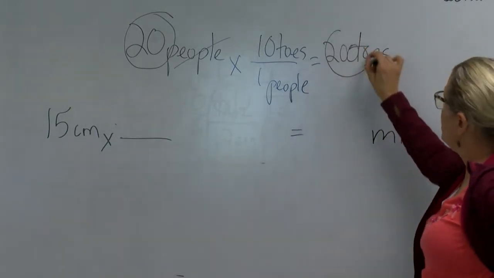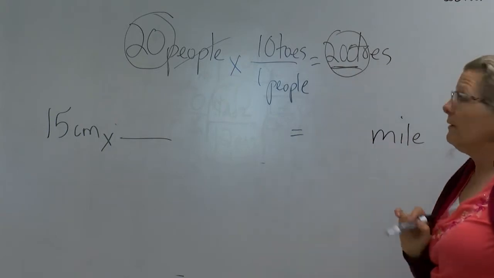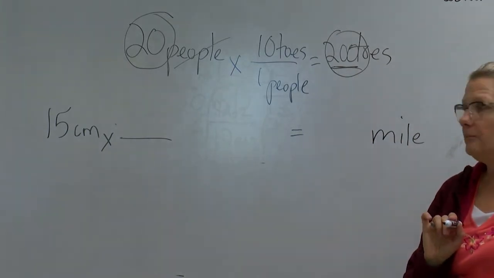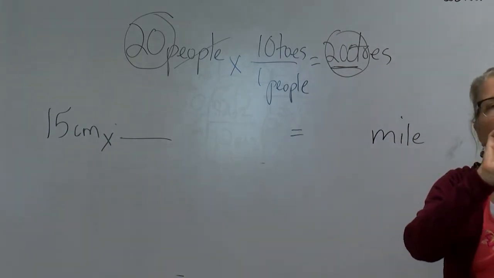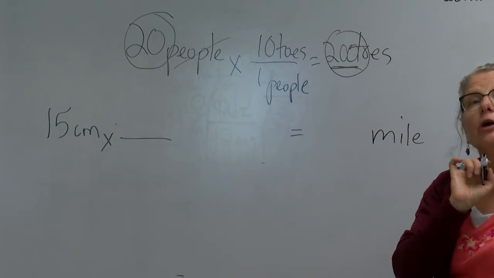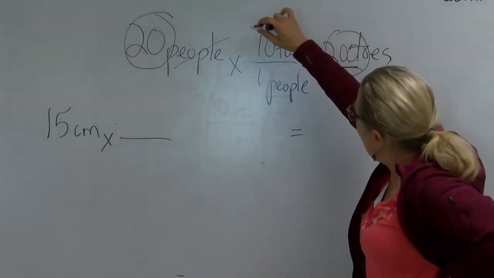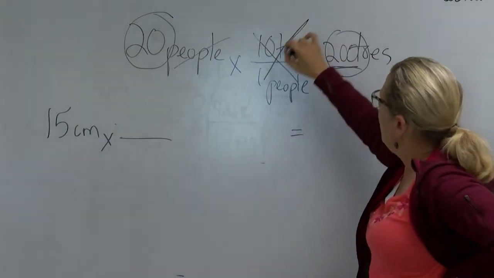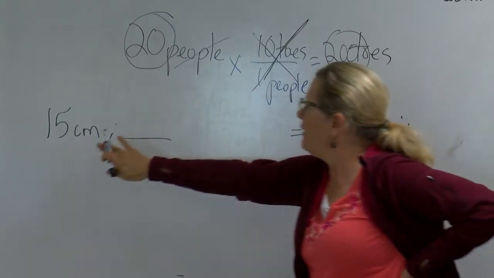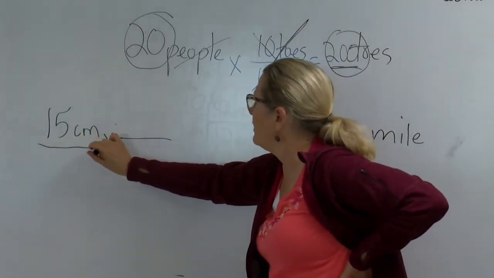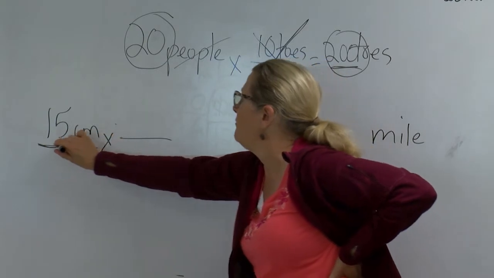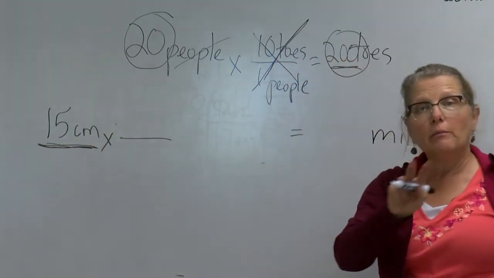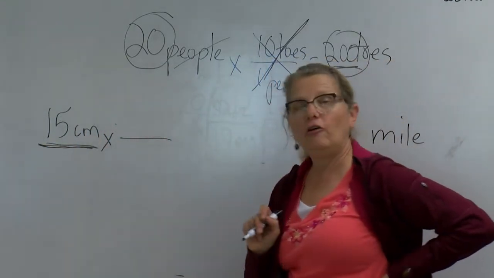So our answer can only have 2 significant figures. Your answer is limited to your data. So the equalities don't count toward that, only the number here. So how many significant figures is our answer going to have? It's going to have 2 because our measurement only had 2.